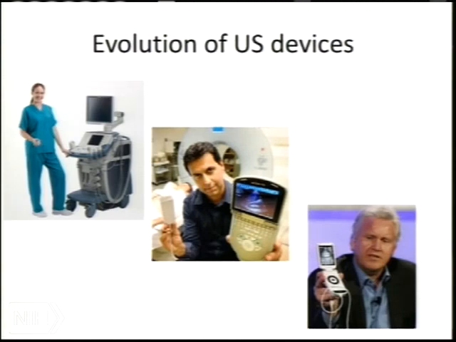In fact, there's an iPhone attachment that allows you to do ultrasound with your iPhone. The image quality today is not as good as what you can get with the very high-end machine. But I have no doubt that in not too many years, the image quality will be excellent at these small sizes. So there's no reason why physicians can't walk around the hospital with something this size and apply ultrasound at the bedside in the future.